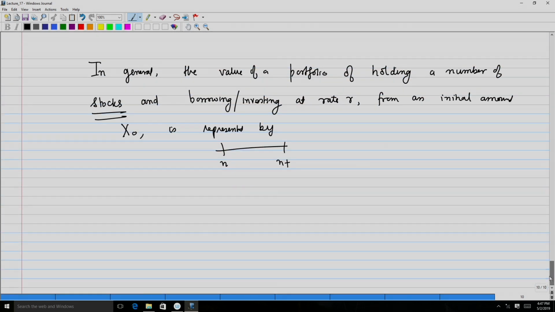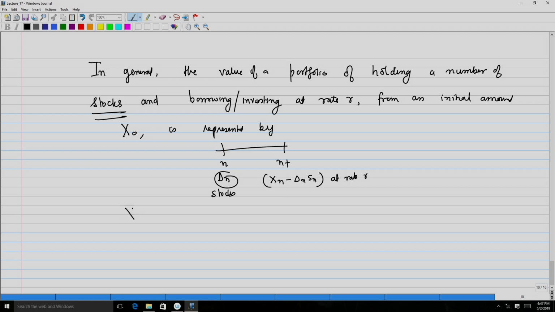So, you can write this as at n you buy delta n number of shares, all right, and then the remaining amount. So, at time n you have an amount of x n, out of which we had spent an amount of delta n s n in buying the stock, and so you invest the rest at rate r and you buy delta n stocks.